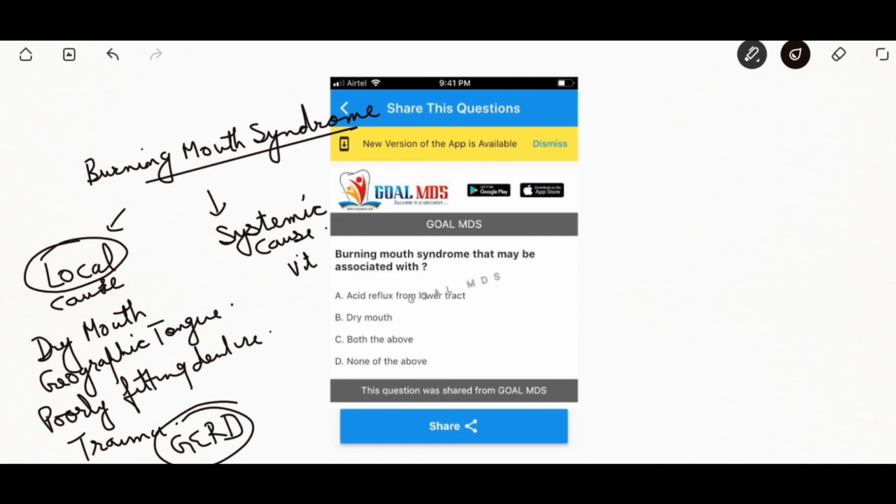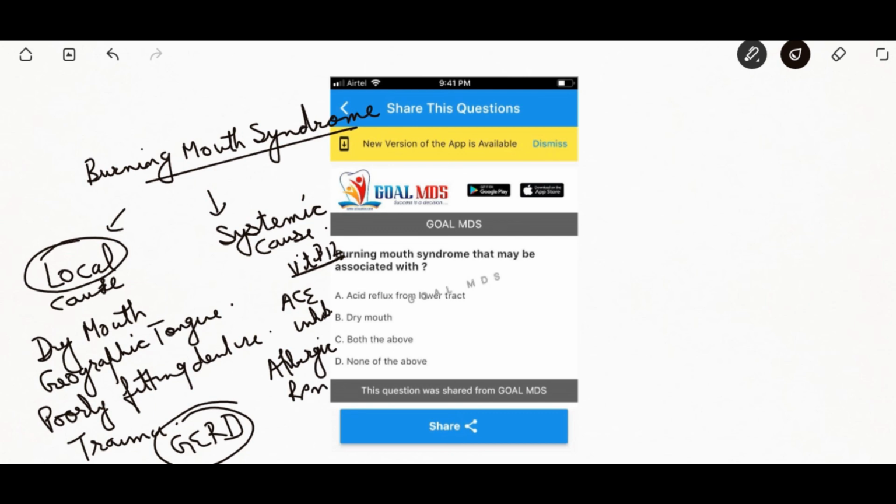Other etiological causes could be mucosal disorders like geographic tongue, trauma to the oral mucosa, either due to poorly fitting dentures or any sensory nerve damage, either due to trauma or some repetitive oral habits like tongue thrusting, or GERD reflux.